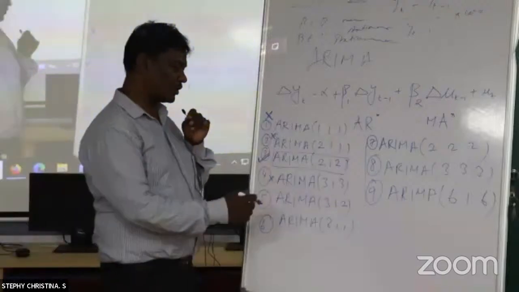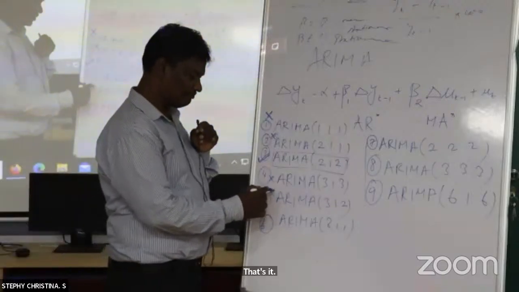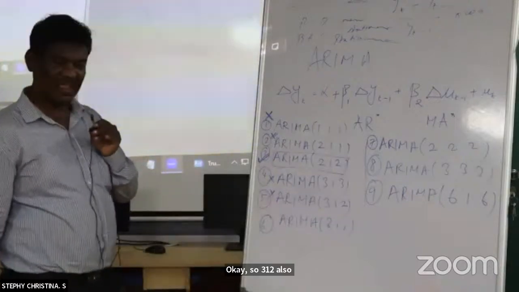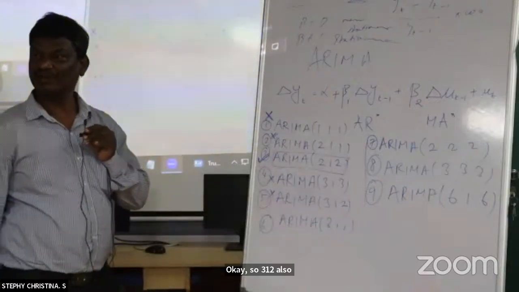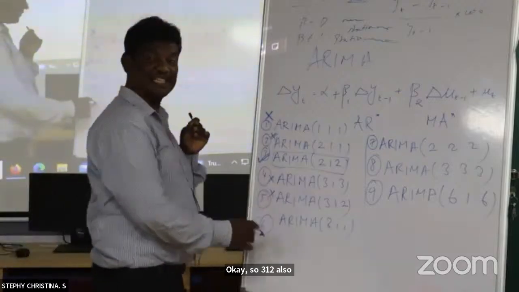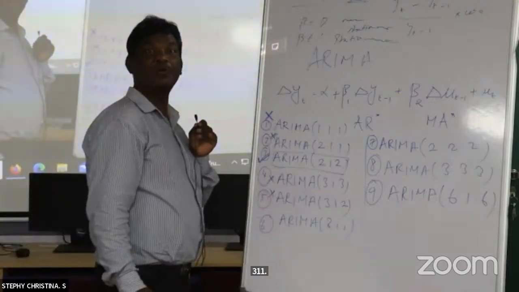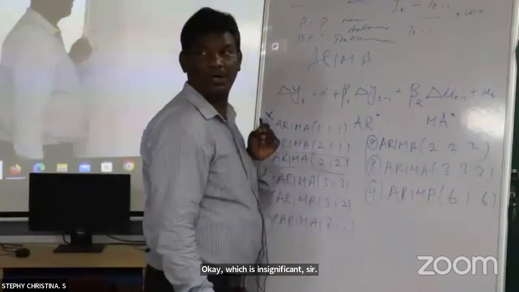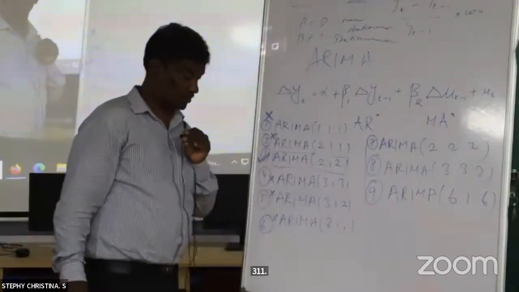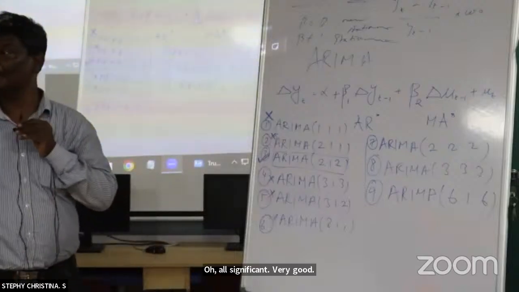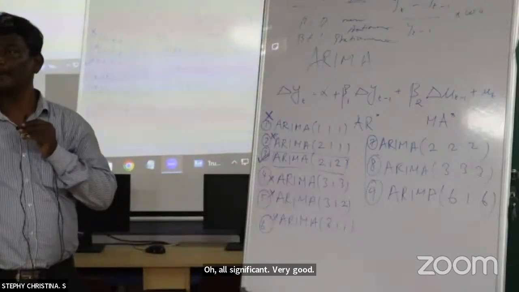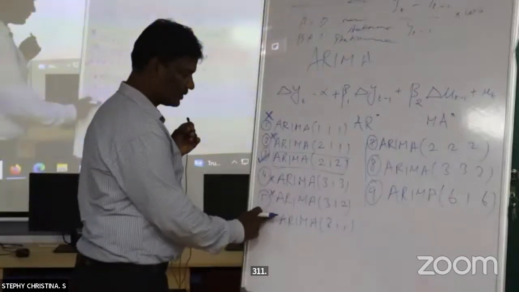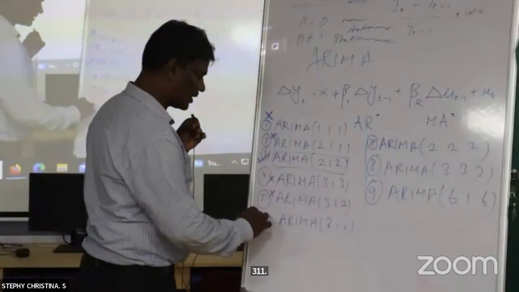Okay, so 312 also. 311. Okay, which is insignificant, sir? Oh, all significant. Very good. We'll go for 311. So this is also an accepted model.